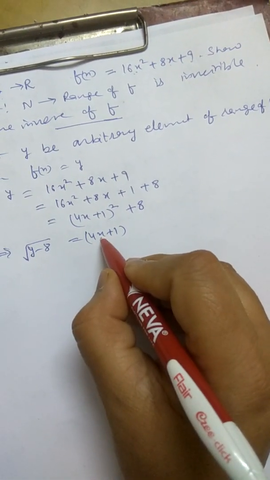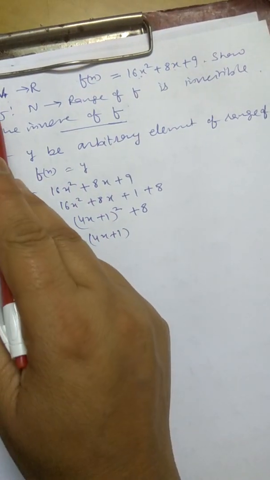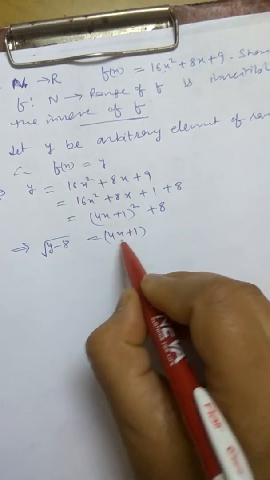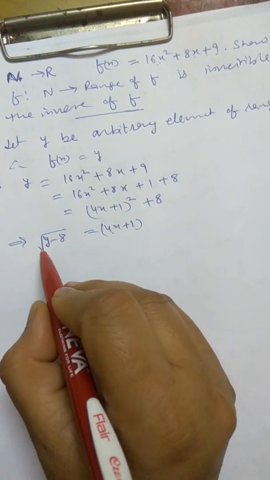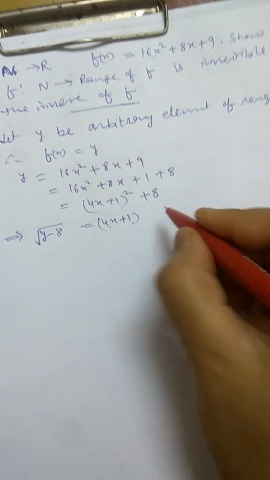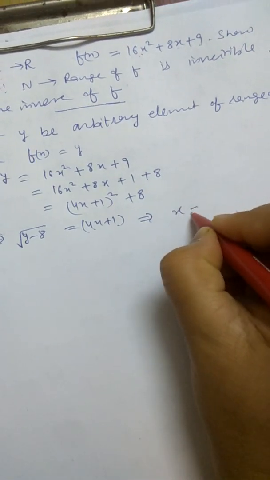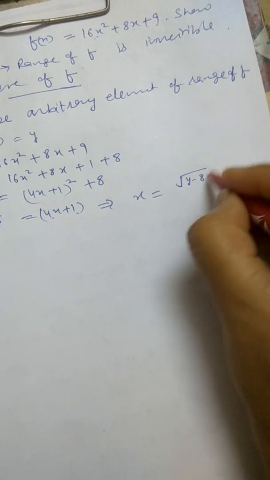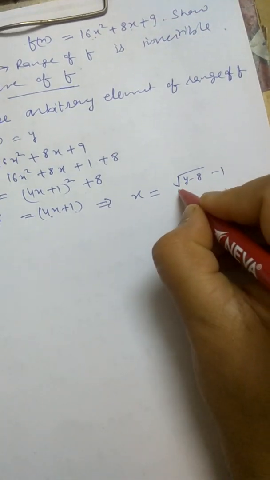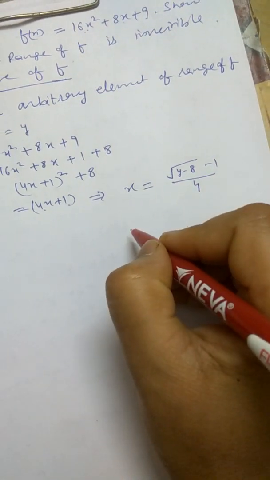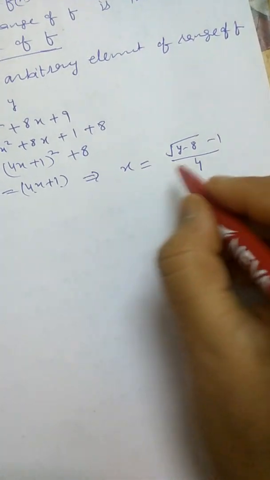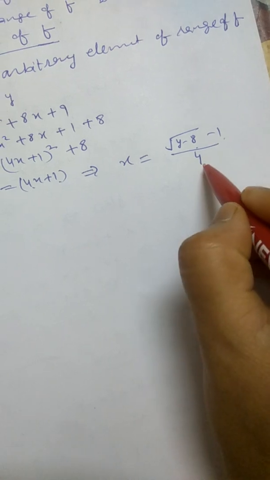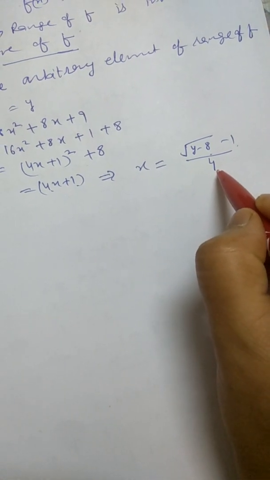Here x belongs to N, the set of natural numbers. Therefore 4x plus 1 is positive, and this term is also positive. This implies x is equal to (square root of y minus 8, minus 1) divided by 4.